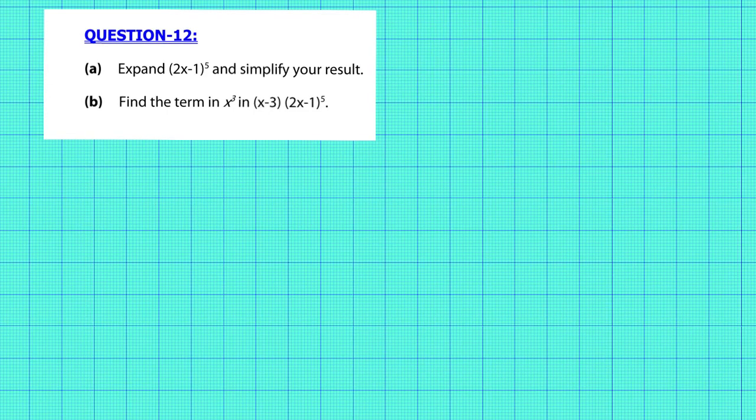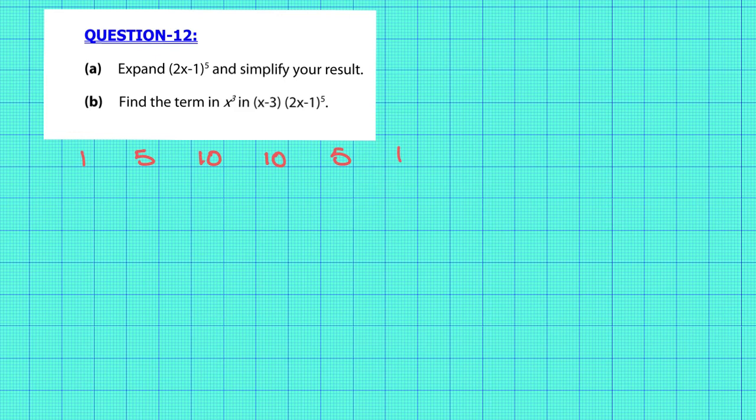Question 12. A. Expand 2x minus 1 to the power of 5 and simplify your result. Because n is 5, we want the sixth row of Pascal's triangle, which is 1, 5, 10, 10, 5, 1.